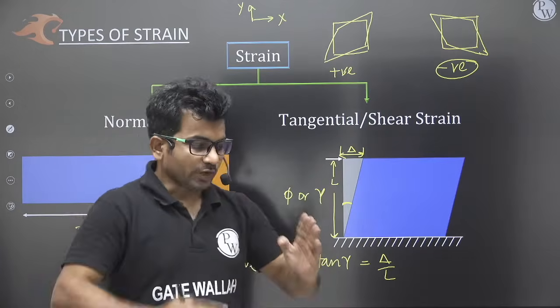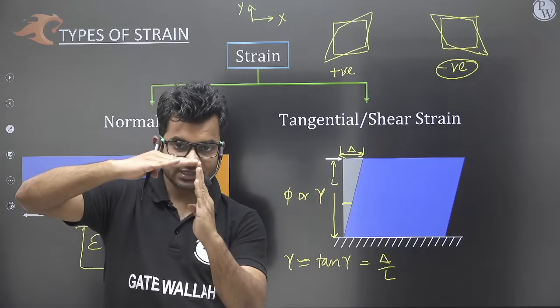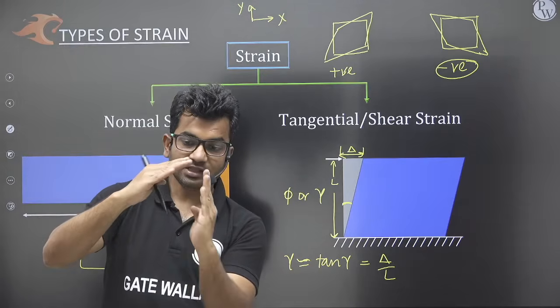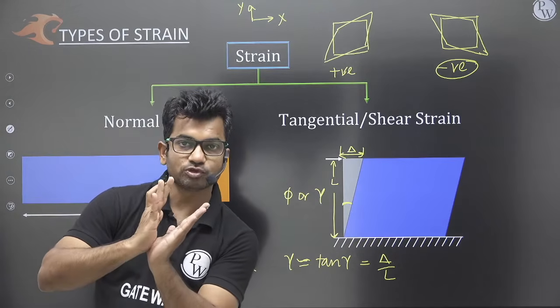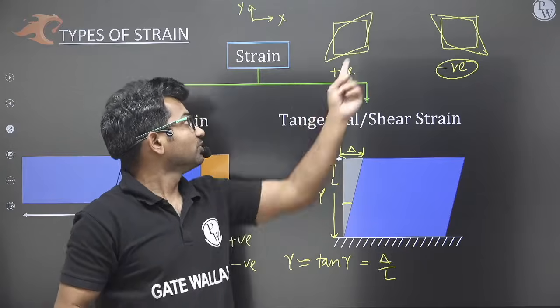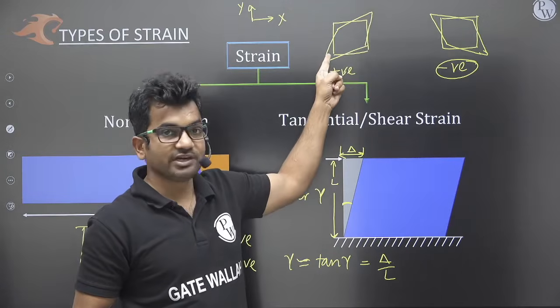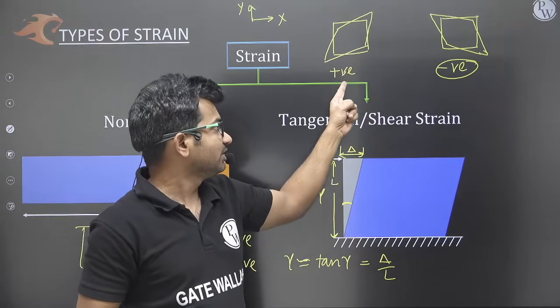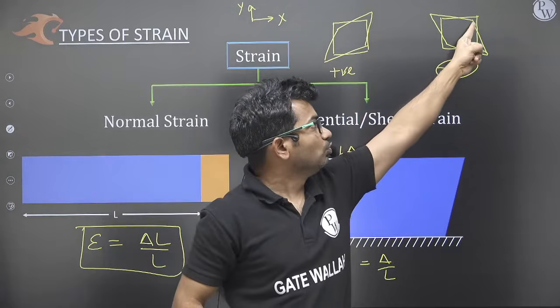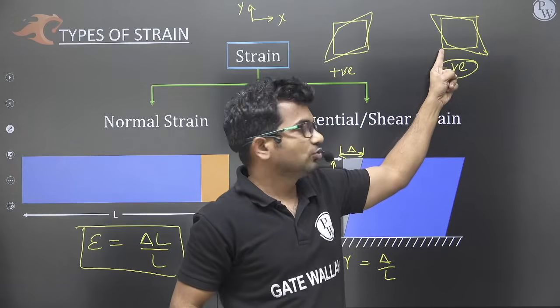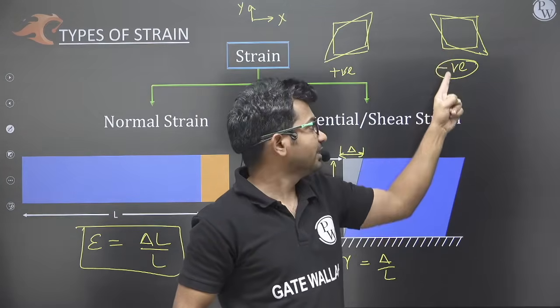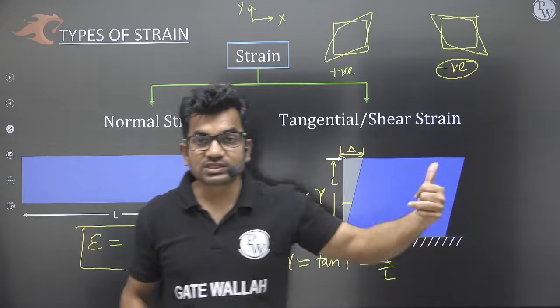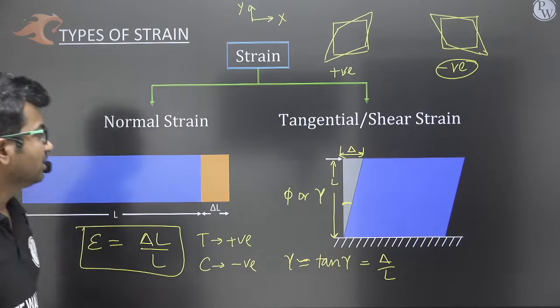Okay, so if the angle between two positive faces is reducing, then the angle between two negative faces is also reducing. So when the angle between two positive faces and two negative faces is reducing, it will be called positive shear. And when the angle between them is increasing, then we call it negative shear. So this is the sign convention of shear strain.